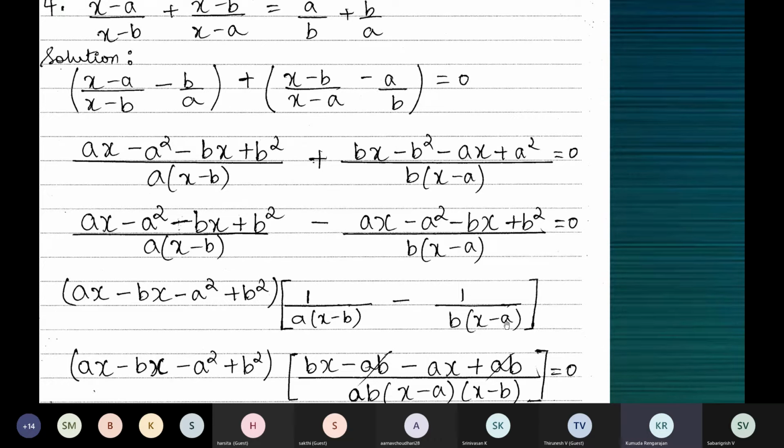So when you multiply 1 with this one, you'll get XB minus AB. When you multiply this numerator with this one, you'll get AX, but there's a minus here, so minus AX. Then you will get AB, but minus here, so plus AB. Minus AB plus AB gets cancelled, and you have BX minus AX divided by this.